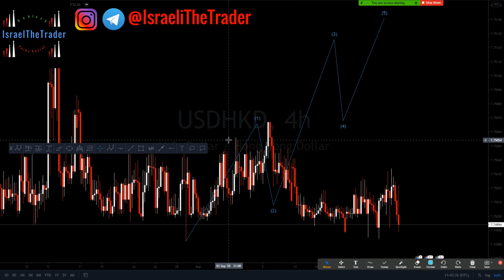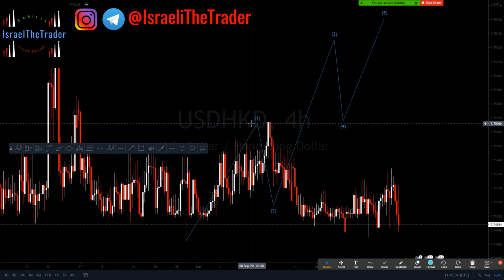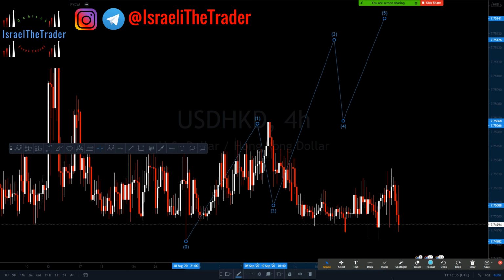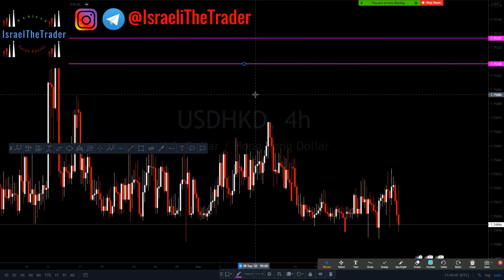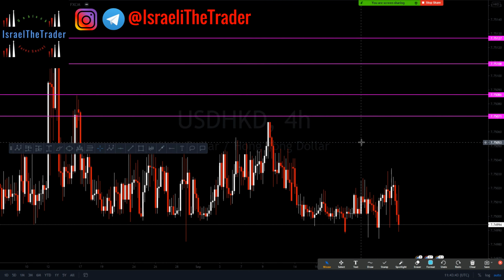So right here, the next tool that we have on my TradingView is this horizontal line, right? This is what I use to plot my support and resistance levels, because it is very, very important. If you're a technical analysis or price action and naked chart trader, it is very important for you to know where your support is and where your resistance level is.